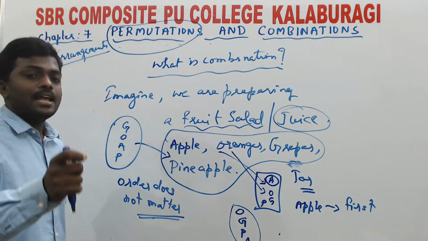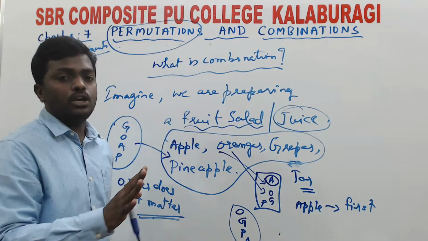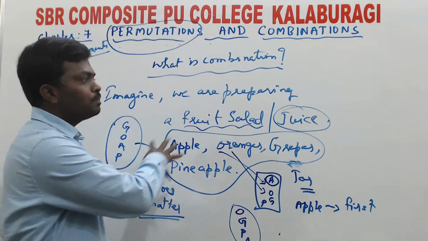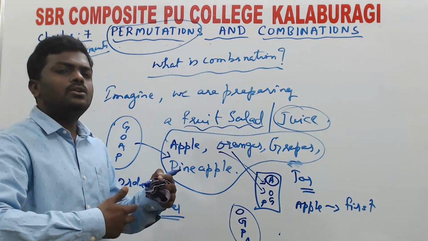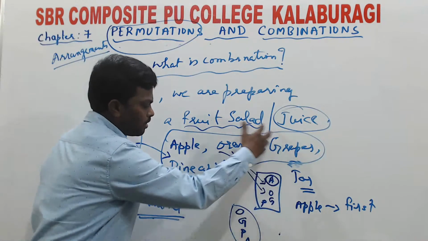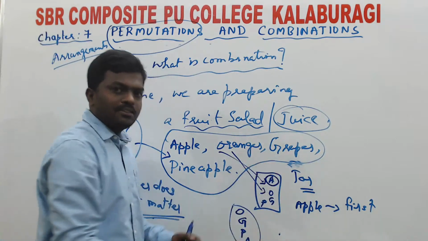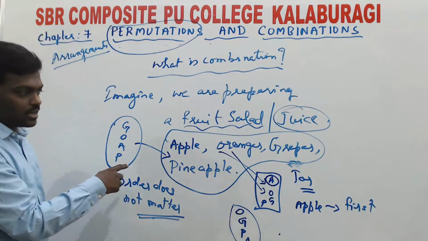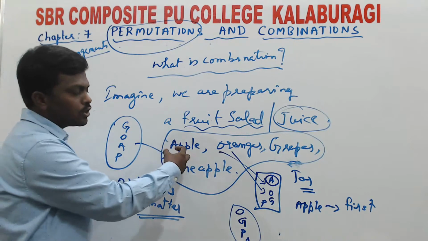Right. So permutation and combination depend upon the scenario, upon the example given to you or the task assigned to you. So what is the task asked here? To prepare a juice. You pick four fruits and put them into the jar in any random manner. The end product will be a juice of all four ingredients. Either you put orange first, apple first, or pineapple next. Is that clear? So here order doesn't matter. It is just a selection of objects, you are just picking or choosing objects.